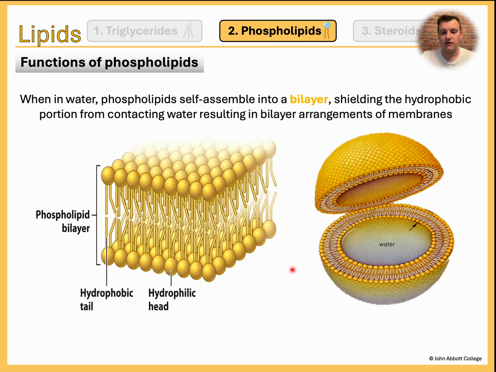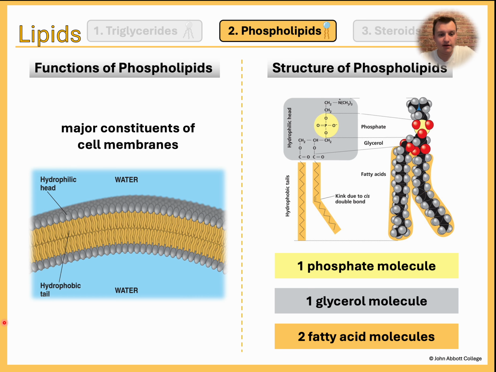because when they assemble together, when you throw them in water, they actually come up with this weird format where the heads will face the water on the outside, and the tails flip inwards to point towards themselves.